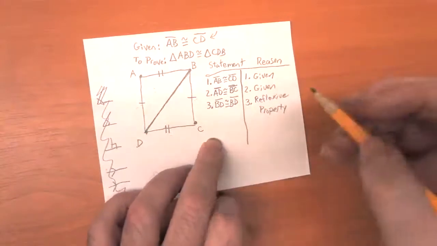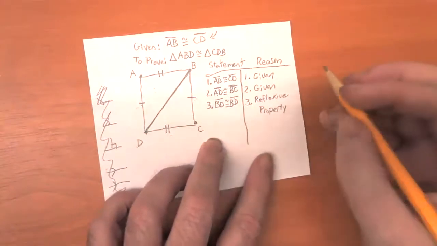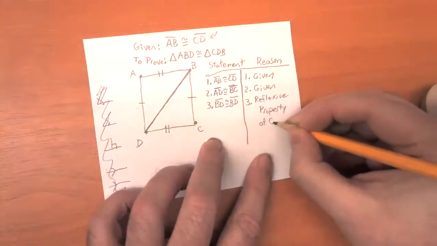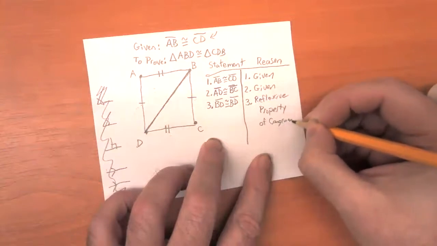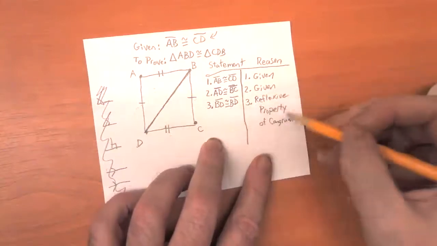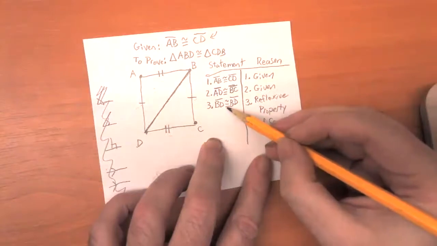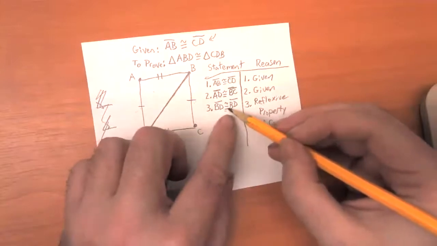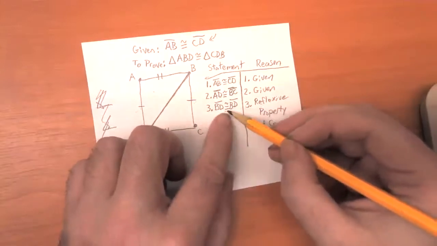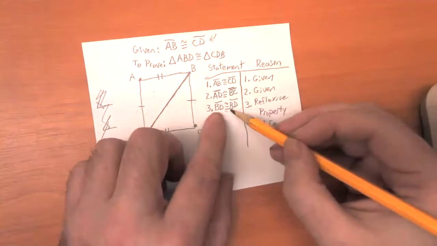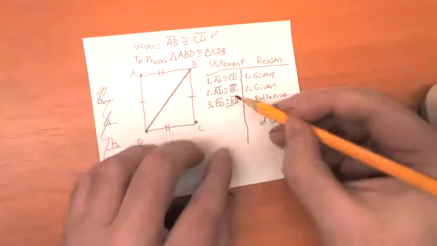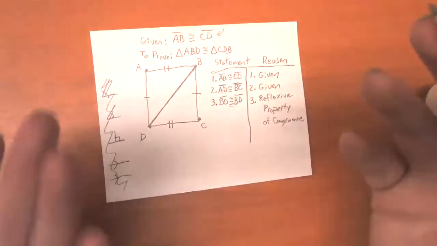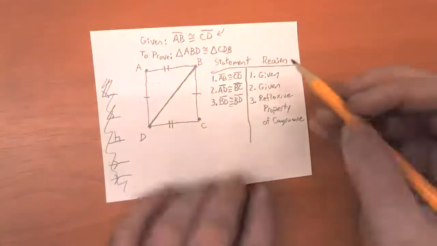And if you want to be fancy, which IXL will do, it will be the reflexive property of congruence, because it's got the congruent symbol there. You can imagine that on either side of this symbol are two things that are the same as each other. It's kind of like if this were a mirror. BD is looking at BD in the mirror, and they must be congruent to each other.